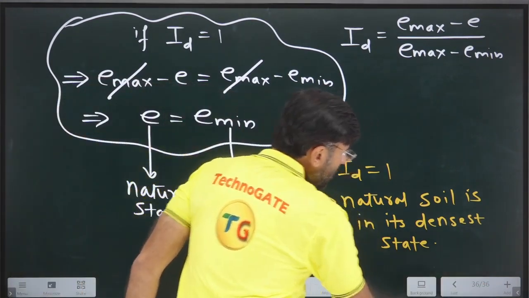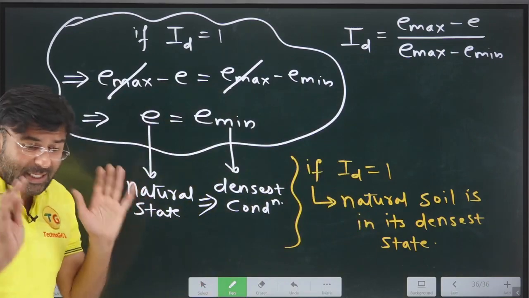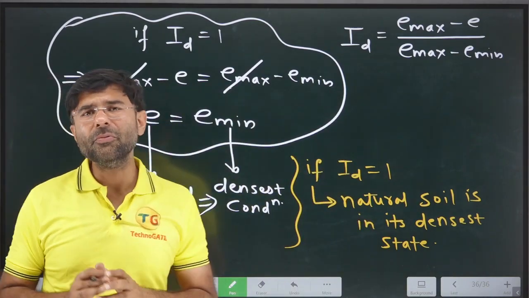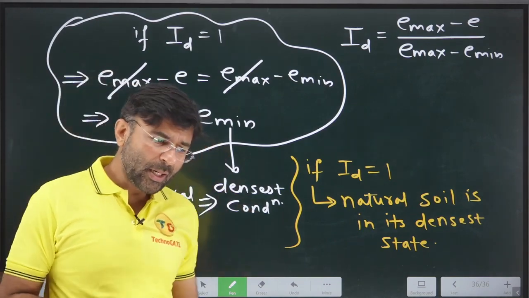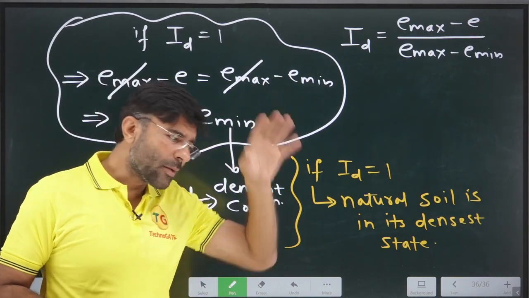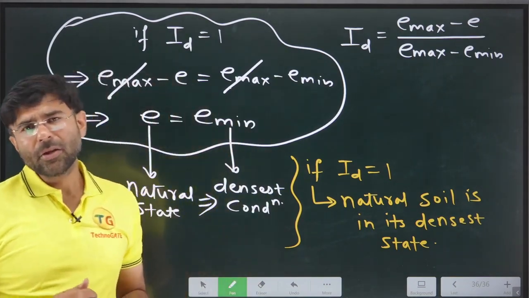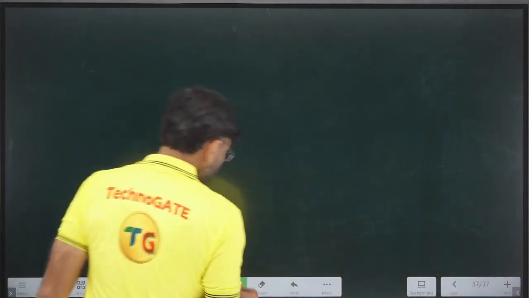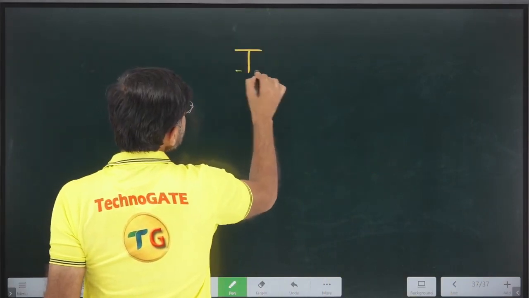So, I hope this must be clear. Each and everything related to the density index of the soil must now be clear to each and every one of you. What is the meaning of density index, how the density index is being calculated, and what is the practical significance of density index. Now, I have the range for density index.